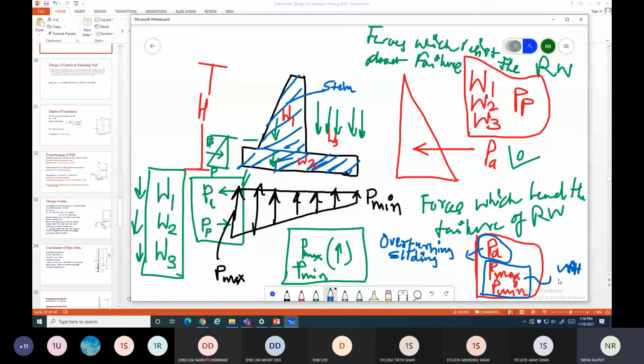Failure due to upliftment means due to this pressure value, your soil mass will give the pressure to the base of the soil and that will lead to the failure of the retaining wall.